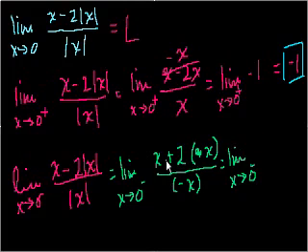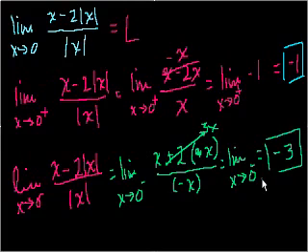So 3x over minus x equals minus 3. So this is interesting. I am approaching a different number when I approach this function from the left-hand side or from the right-hand side. So it looks like this limit doesn't exist.